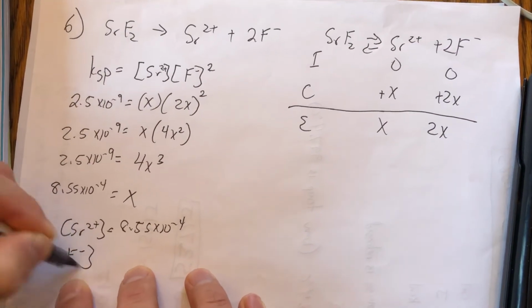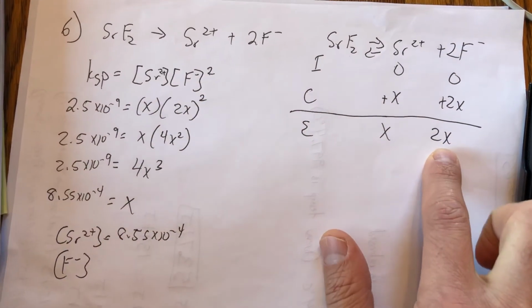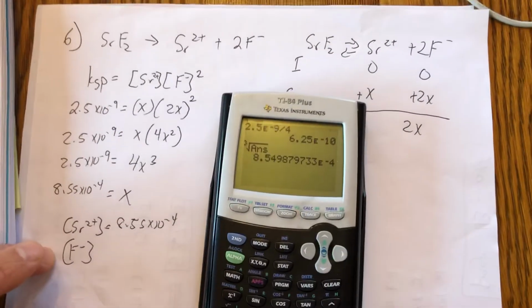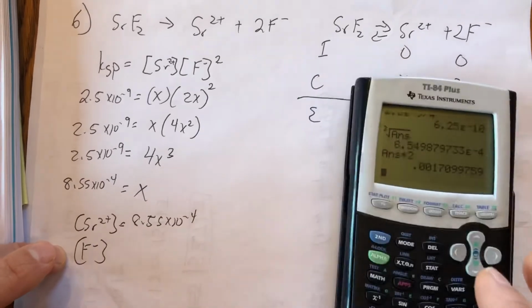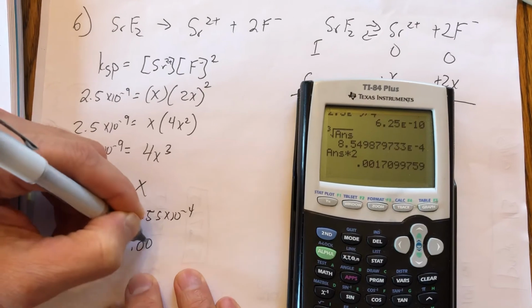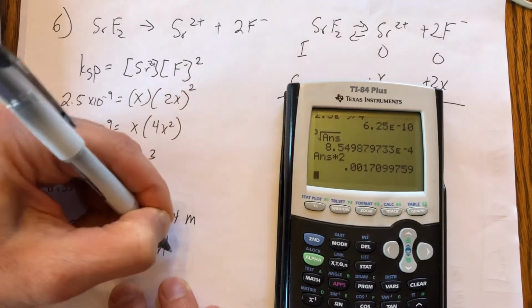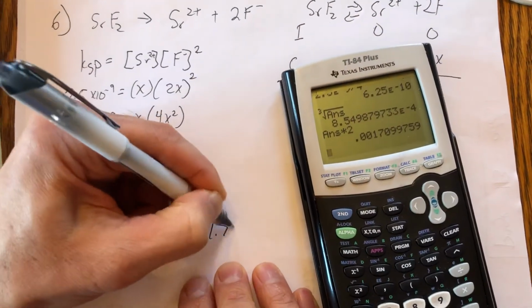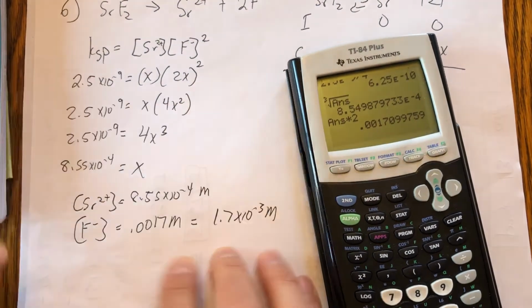Fluorine is going to be a 2x. So it's twice that answer. So I have to multiply that by 2, and I get 0.0017. All right, so you can either write it as 0.0017, or if you like scientific notation, it'd be 1.7 times 10 to the negative 3.